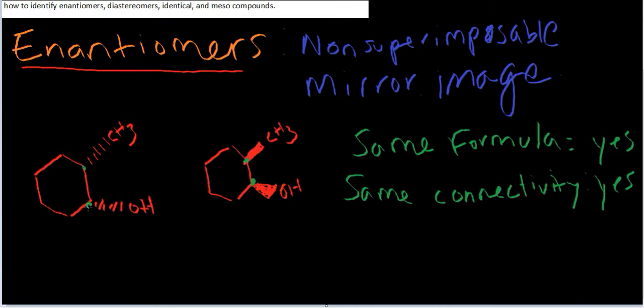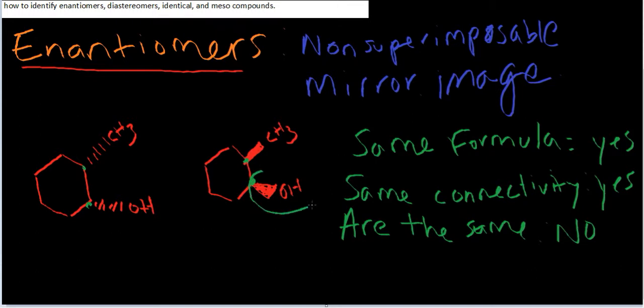The third question is, are they the same? No, they aren't the same, because this has an OH group coming out at you, and this has an OH group going back into the plane of the paper.